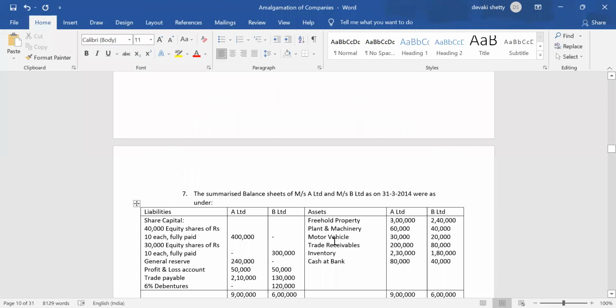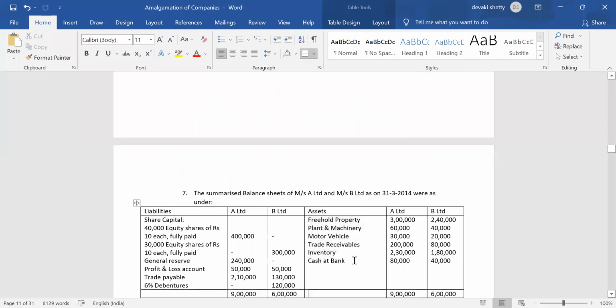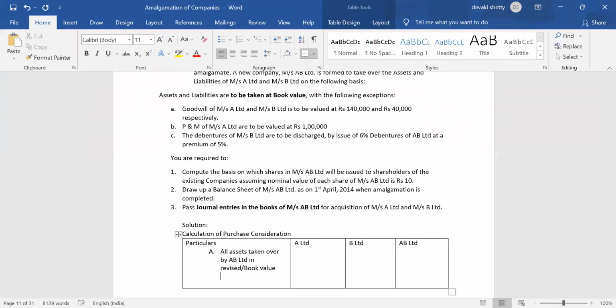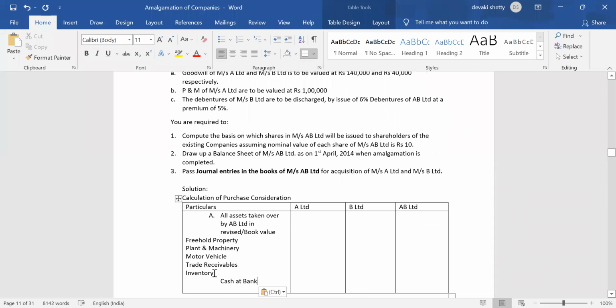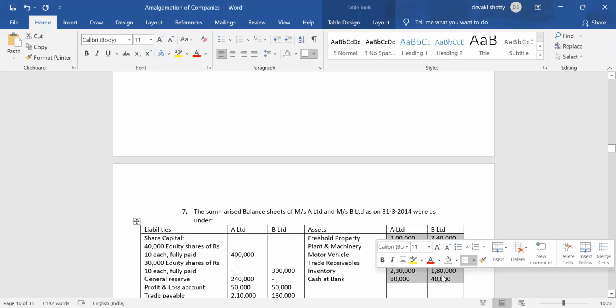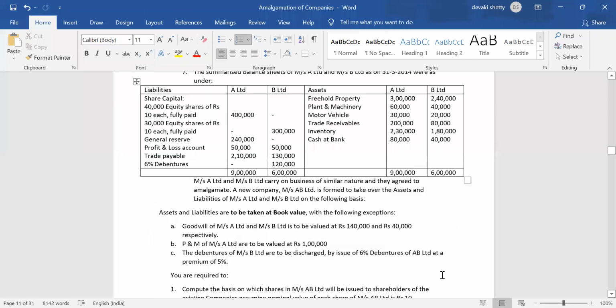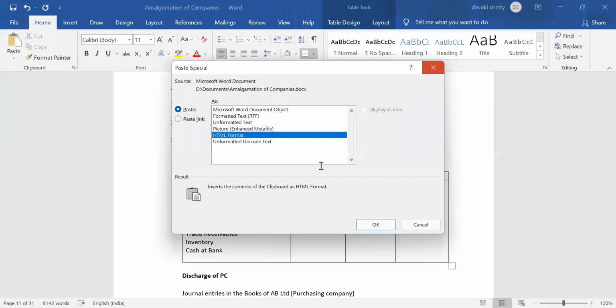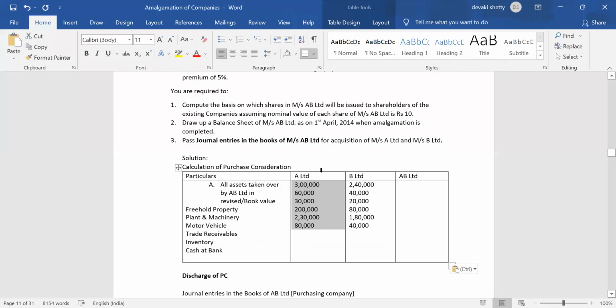All assets are to be taken. Now let us take down the values. Because majority it is book value. Here also.